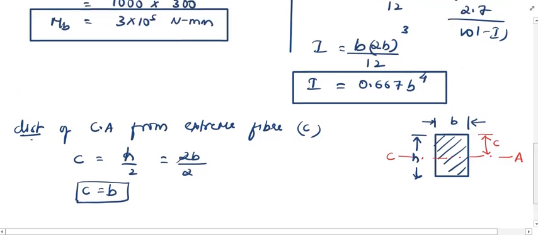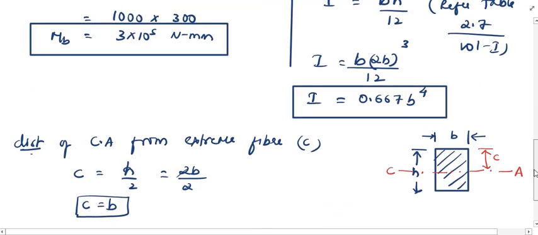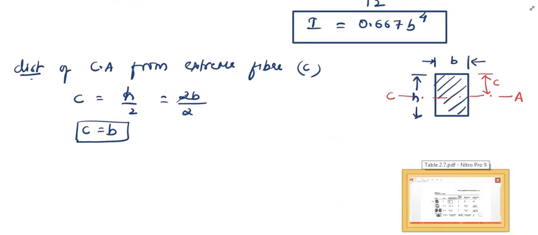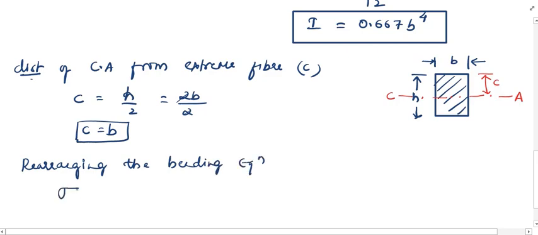So I am aware of all the terms in this equation one by one. I have MB, I, sigma b and c. Now I can rearrange the equation in such a way that I have sigma b on the LHS. So, rearranging the bending equation, sigma b is equal to MB over I into c.